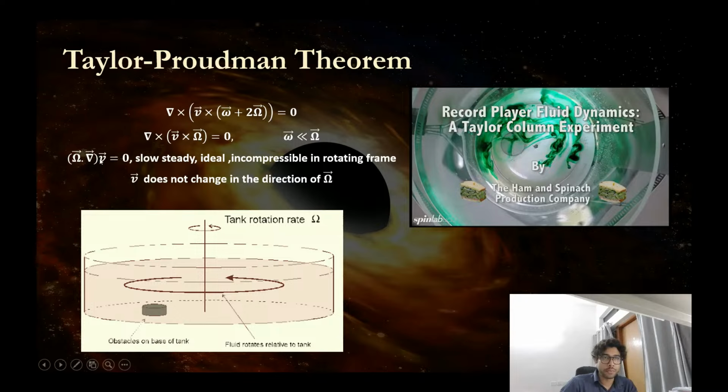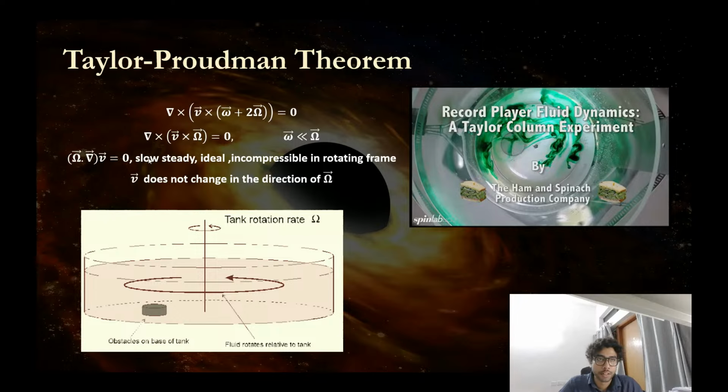Now, why do we need to go to here is because this is much simpler. What does this physically mean? (omega dot del) v equals 0, so this is omega x ∂/∂x of v plus omega y ∂/∂y of v plus omega z ∂/∂z of v.